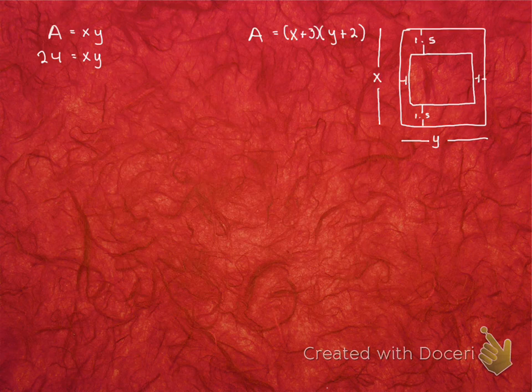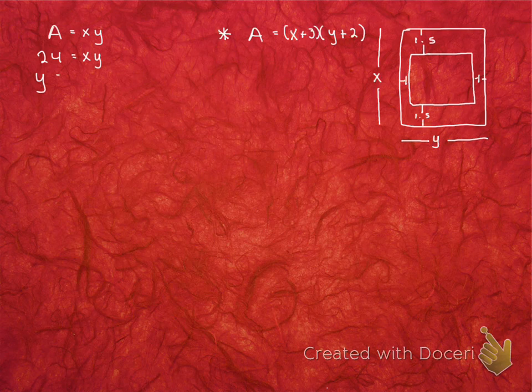Okay, so we have 24 equals x times y, and because we are minimizing the amount of paper, the page area is the equation that we are going to be using to find the derivative. Therefore, the other equation is the one that we're filling in as our substitution. Okay? So you could either solve for x or y.